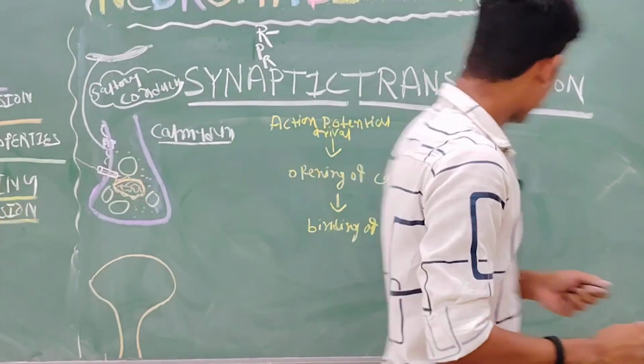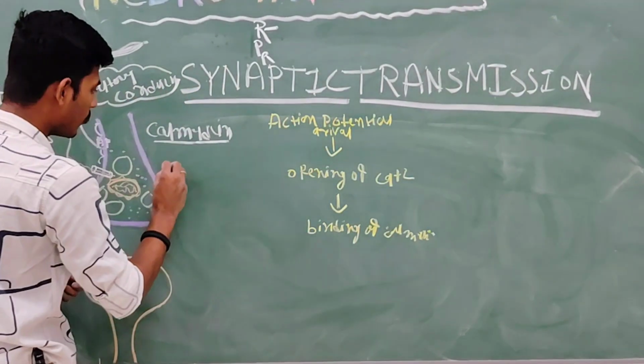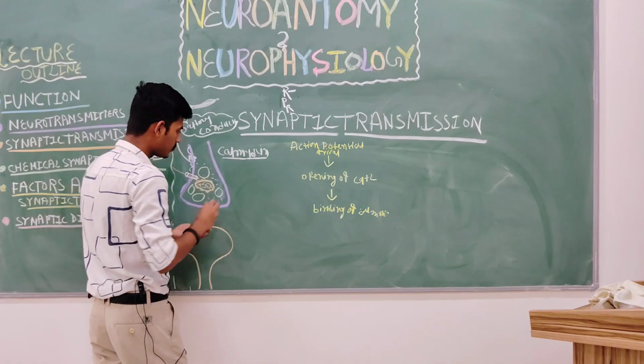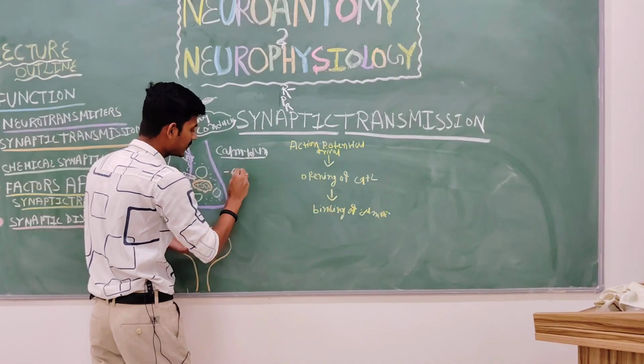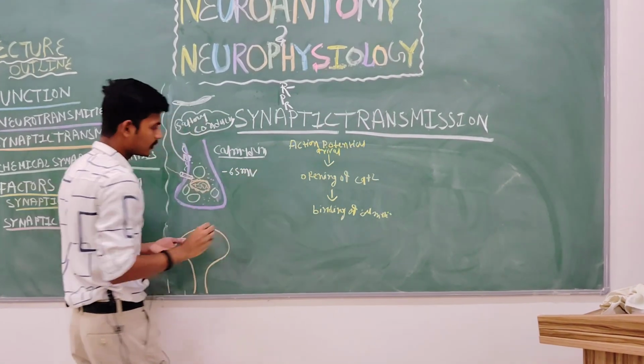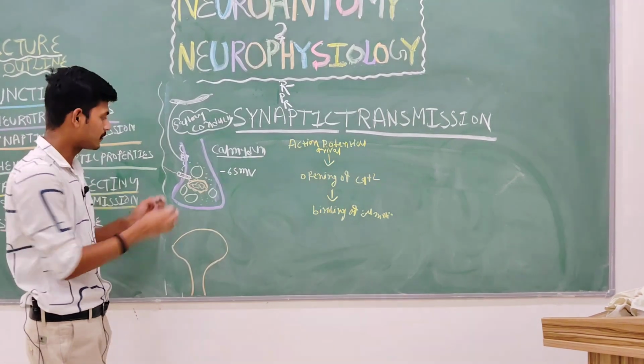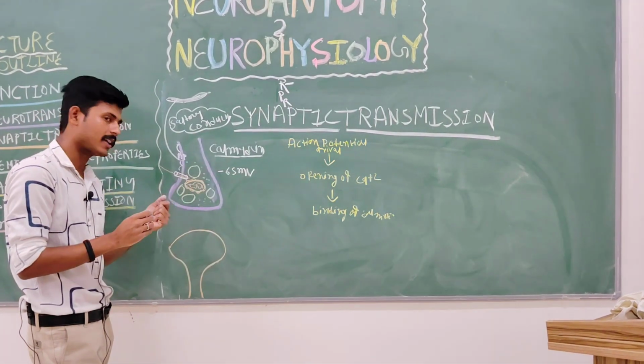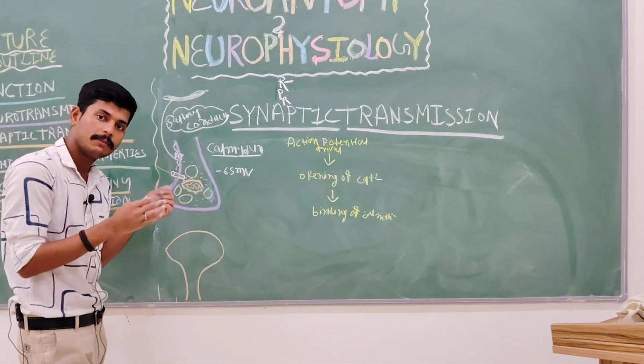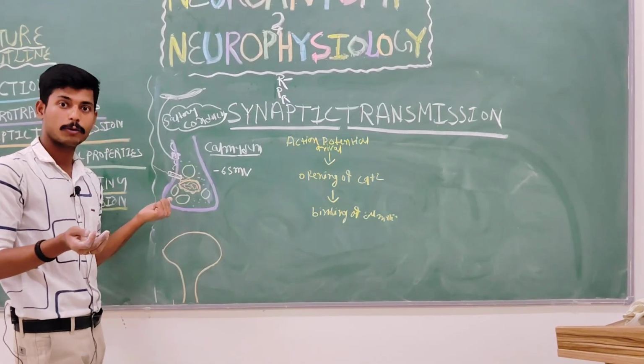Initially, minus 65 millivolts is present inside, which is referred to as the polarized state.